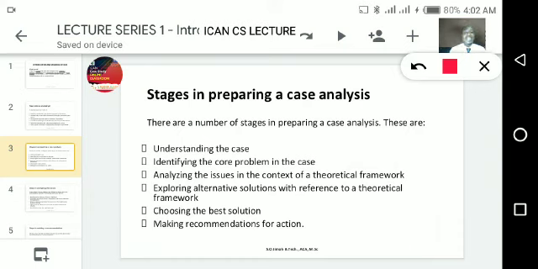Now, the final part, which is the most important part, is what we know as report writing.